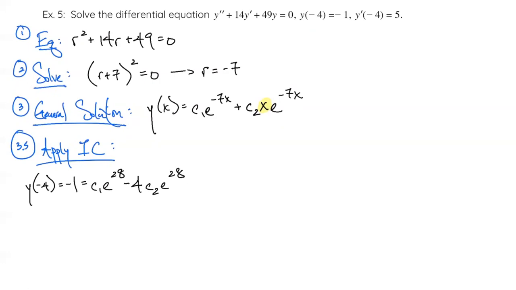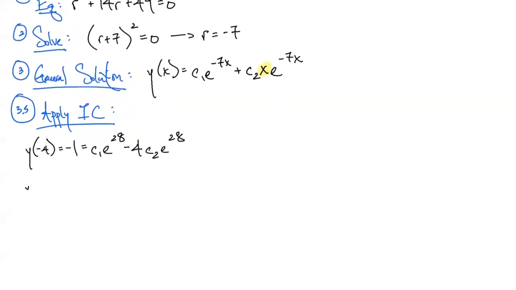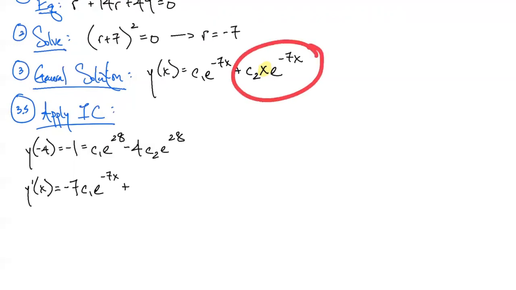If I write out this general derivative, for the first term I just need chain rule: -7 c1 e to the -7x, plus, but when I take the derivative of the second term, I have to use product rule.